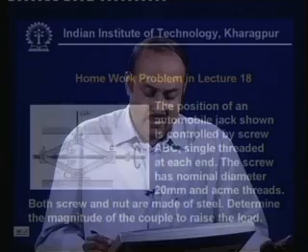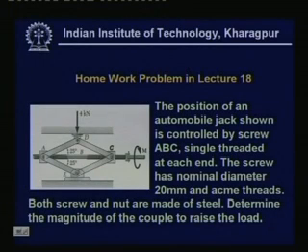Then comes the thread. The thread is very important, and we have to consider the bearing pressures in the thread as well as the shear stress in the thread as well as bending stress in the thread, and depending upon everything, combining all, we will have to find out the safe diameter that is used for the screw.